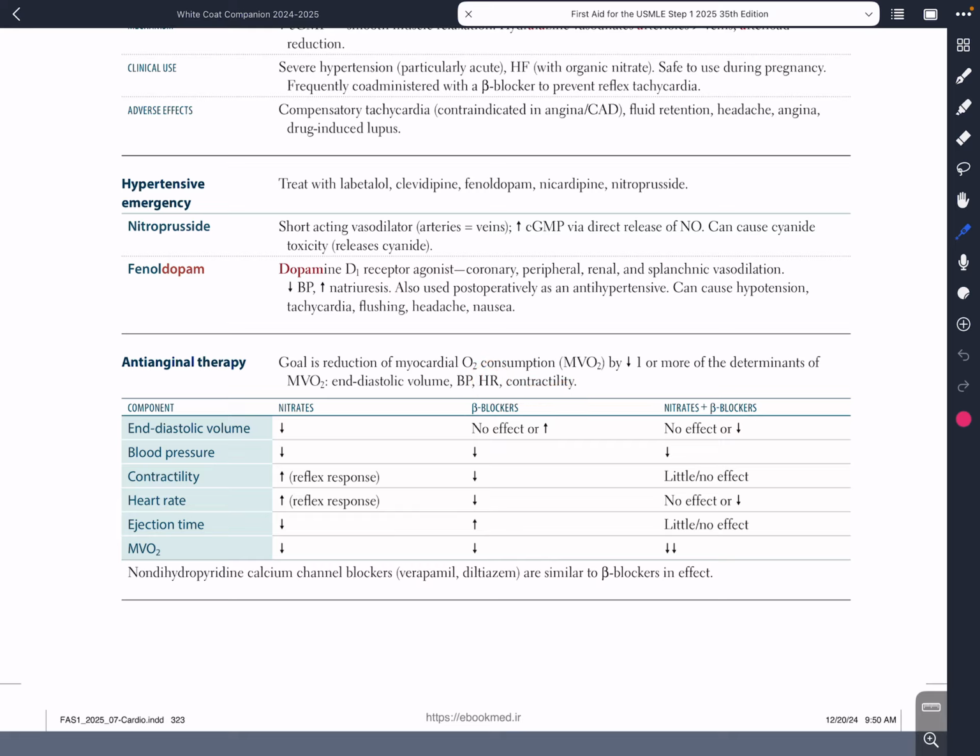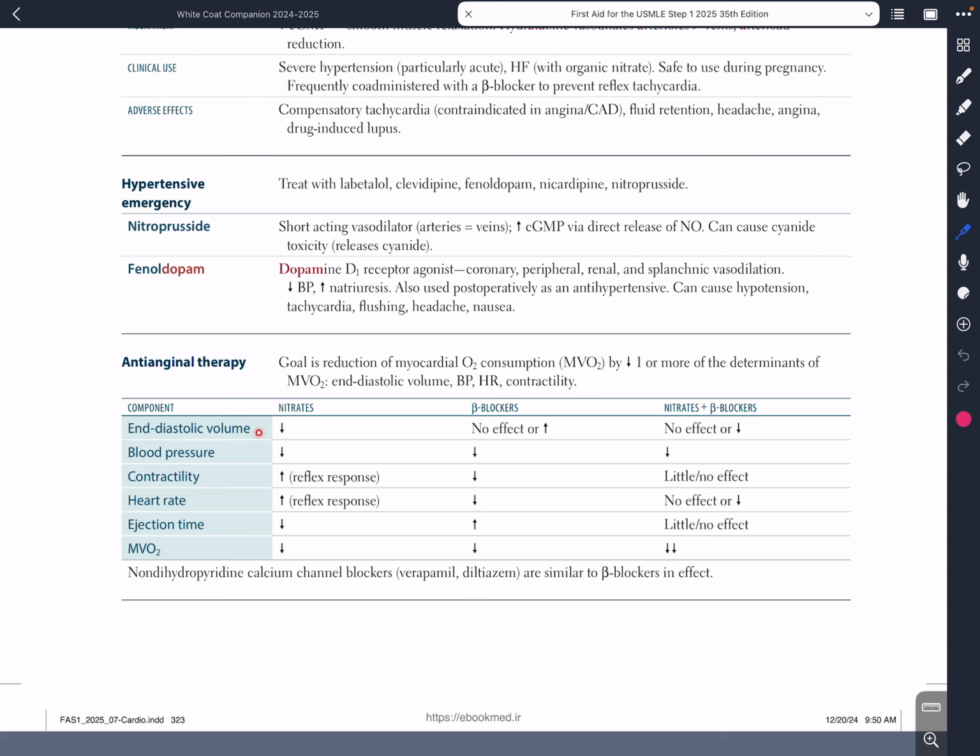So now let's see the key differences between nitrates, beta blockers, and the nitrate and beta blocker combination. End diastolic volume is lowered with nitrates.